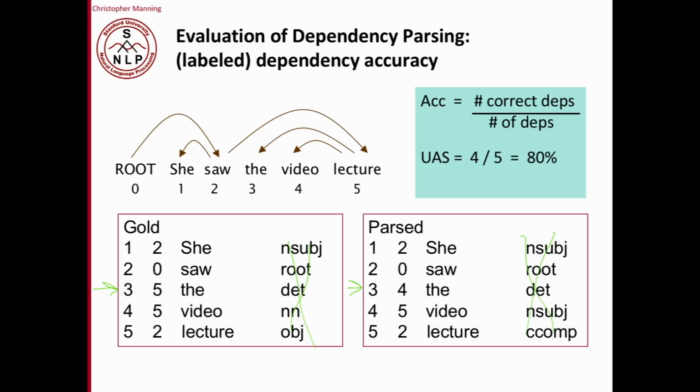So I say my unlabeled attachment score is 80%, or we could also look at the labels, and then my parser wasn't very good at getting the labels right, so I'm only getting 40%. And so we can just count up the number of dependencies and how many we get correct, and that's our accuracy.